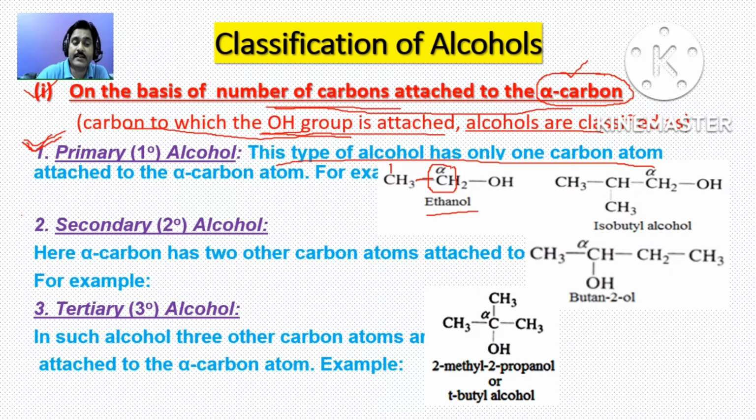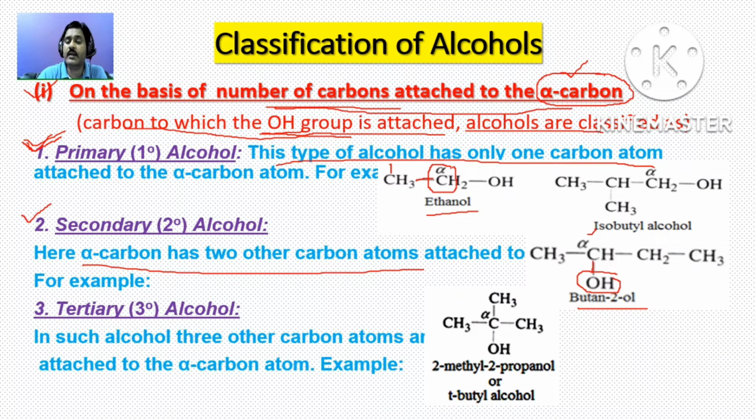Similarly, secondary alcohols are those alcohols in which the alpha carbon has two carbon atoms attached to it. For example, butan-2-ol. Here the OH group is attached to the carbon atom that is called the alpha carbon atom.